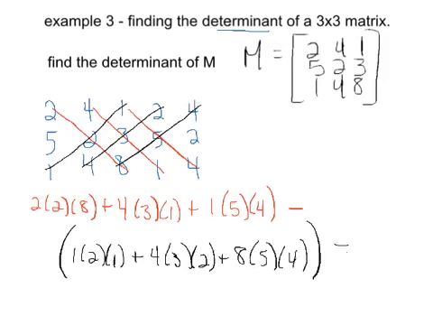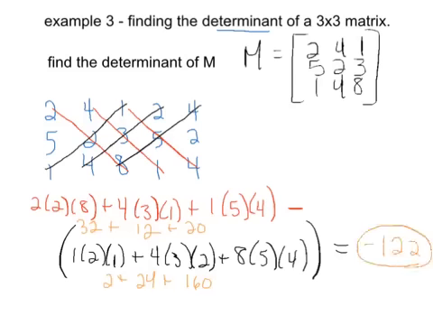Close parentheses. I'm going to push pause and use my calculator. So you see I have 32 plus 12 plus 20, minus the quantity 2 plus 24 plus 160. And that gives me a final answer of -122.